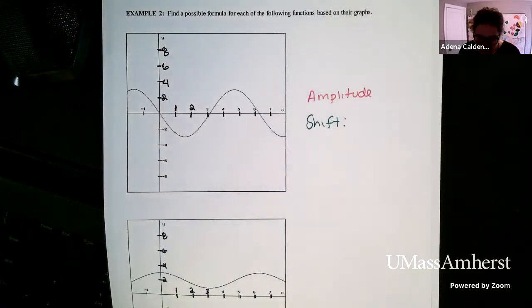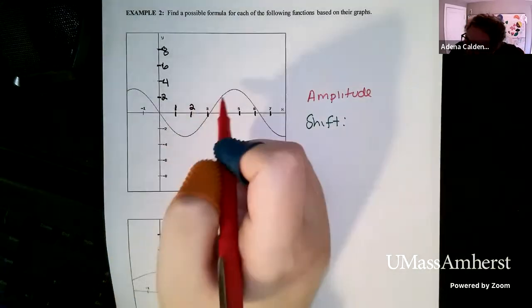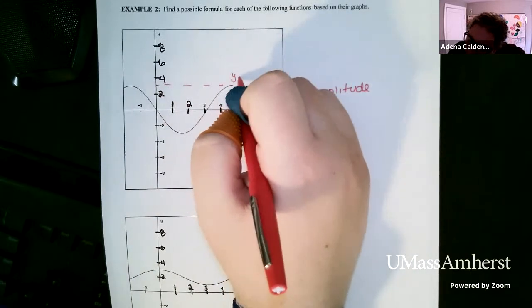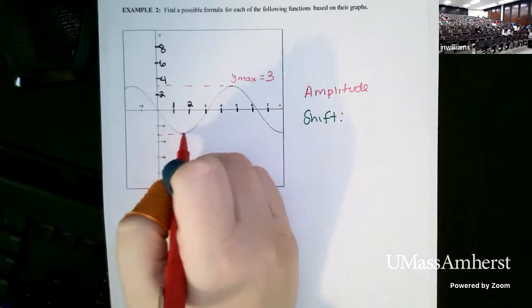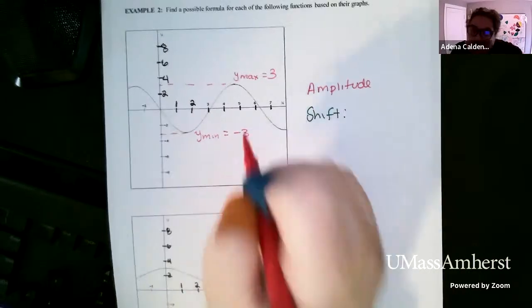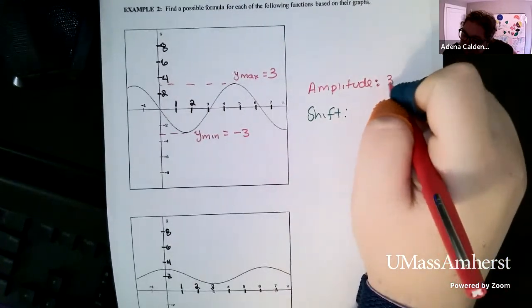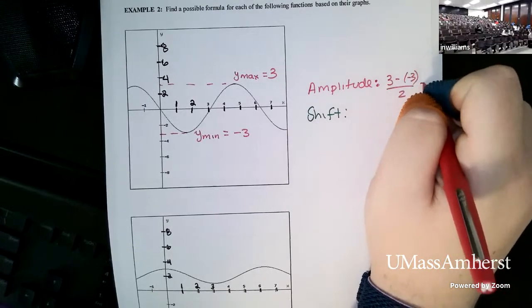So I'm just going to calculate those and see what they are, and then I'll bring in the other 2 things we need. Okay, so for the amplitude and the shift, we need the maximum and minimum values here. So the maximum value, if I'm looking here, my y max looks like it's just about 3, and my y min looks like it's going to be -3. So for the amplitude, I'm going to do 3 minus -3 divided by 2.